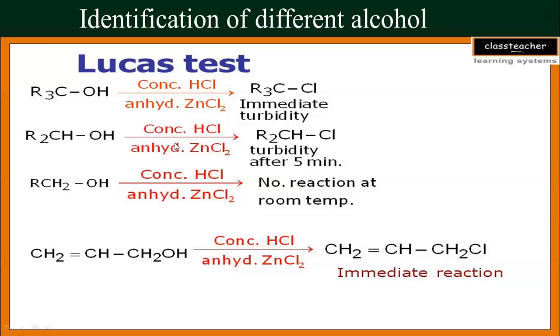But when it is used with secondary alcohol, then turbidity is formed after 5 minutes. And when Lucas reagent is added to primary alcohol, then there is no reaction at room temperature. By these different times of the test, we can easily identify tertiary, secondary, and primary alcohol using Lucas reagent.